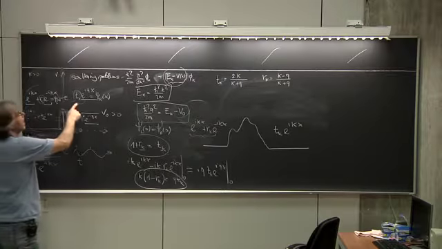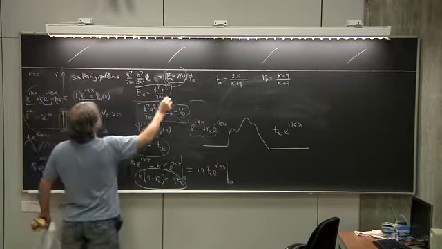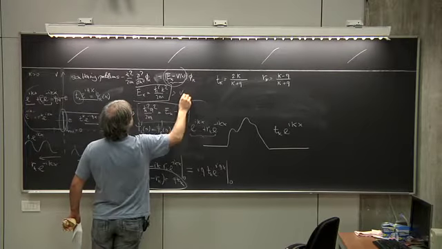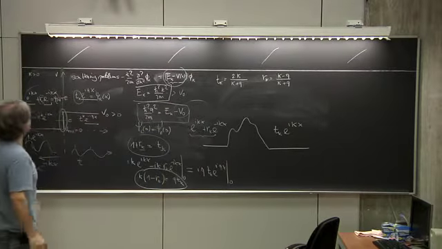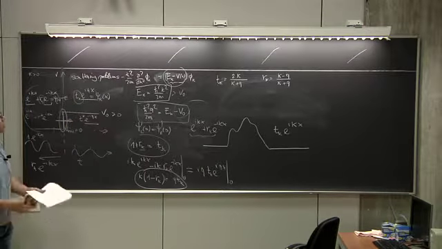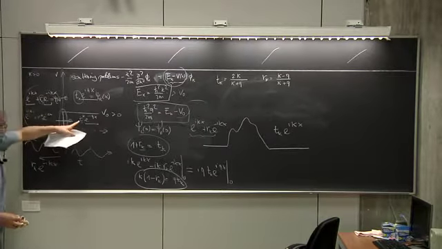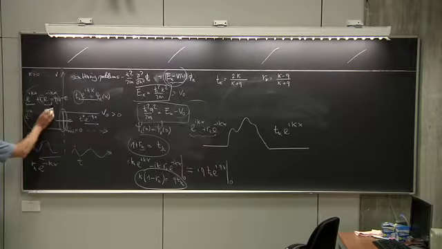So this is E greater than V0, what we have done here. If E is less than V0, the situation changes. It doesn't change as far as the left part of the wave function is concerned, but it changes for the right. Why?